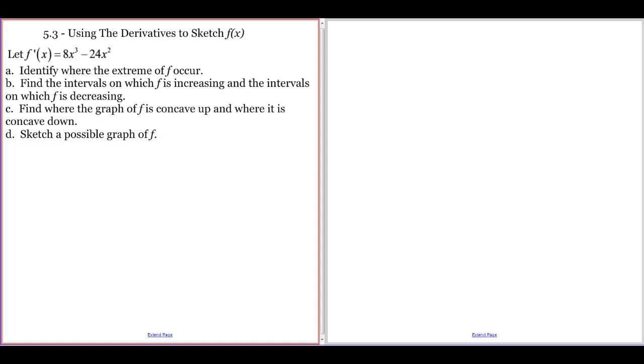Now I have a dual page display on because I'm going to be needing a lot of room. Okay, so for A, our extrema occur when our derivative equals 0. So I set our derivative equal to 0. And then I factor.